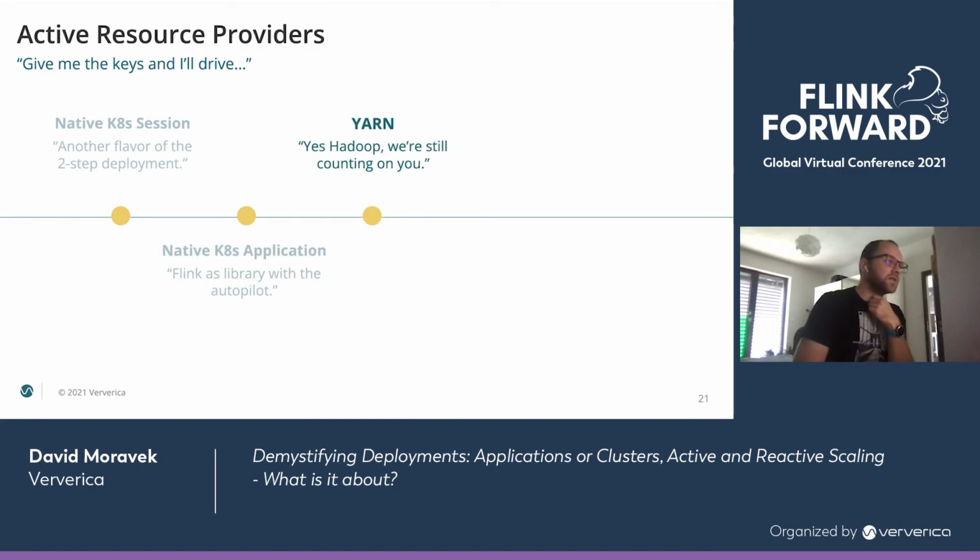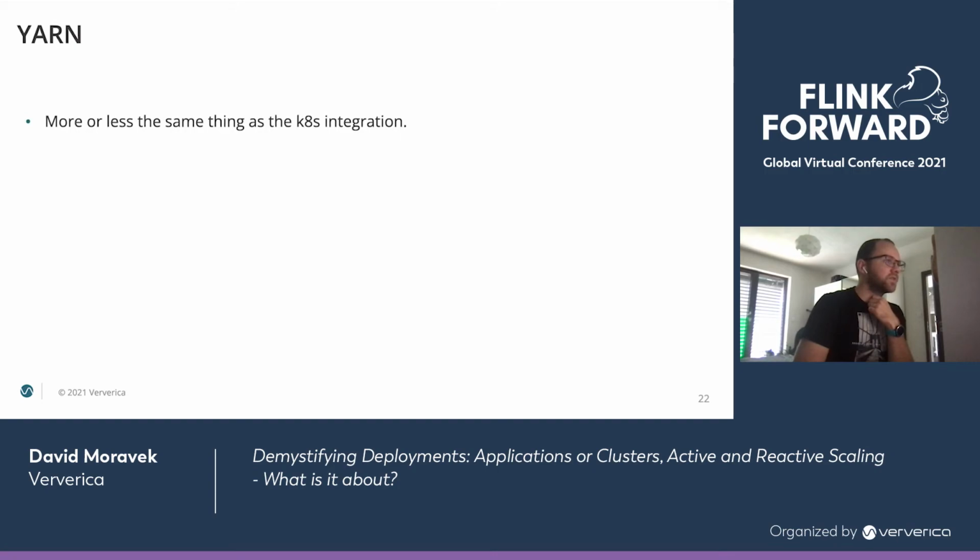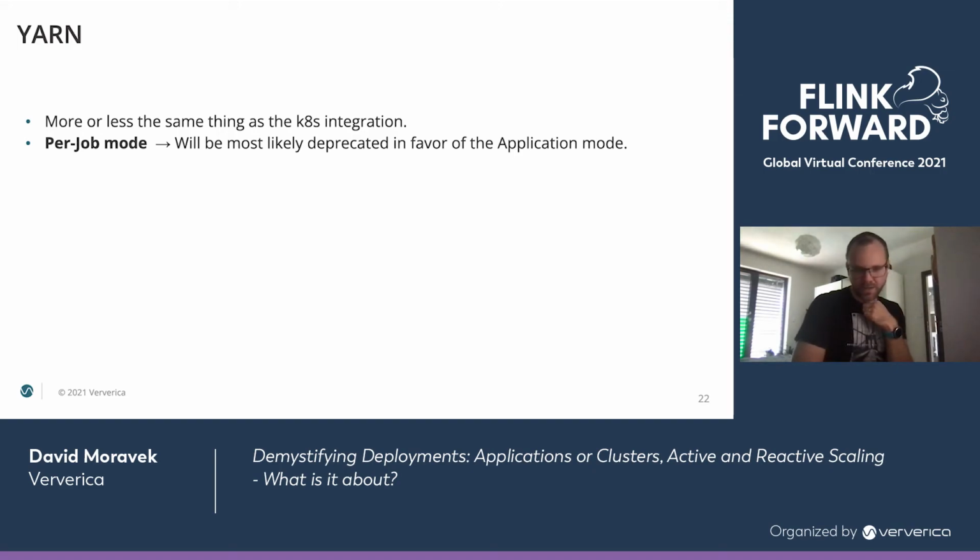Then we have a Yarn integration. Yarn integration is very similar to what we have shown with Kubernetes, except it has this one legacy deployment mode that we call per job. It's basically a special type of session cluster that is deployed alongside the job jar that is then used for submission.